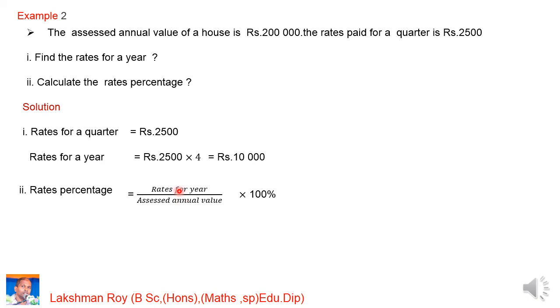So both we already found. So substitute here the rate for a year we found, 10,000, annual assessed value they have given, 200,000 rupees, multiplied by 100%, right? So let's see how to simplify this one, students.